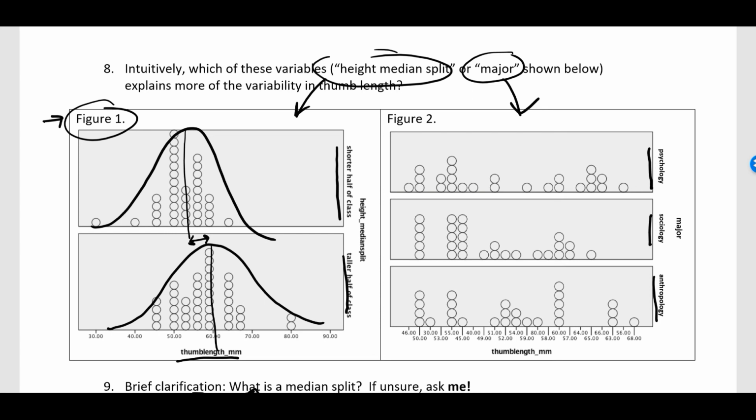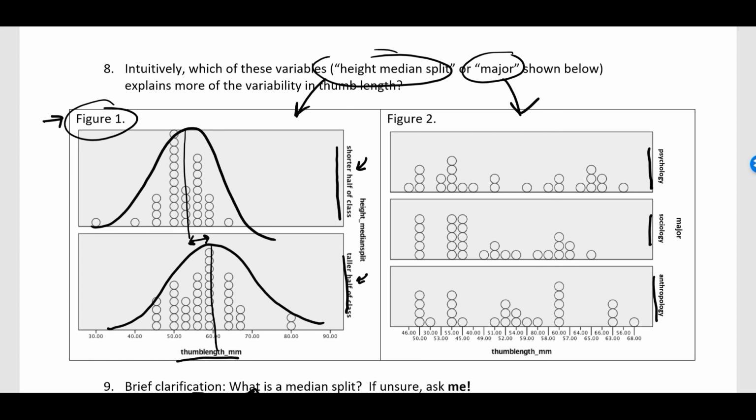So is that going to help me refine my guess if I know the person's in the short half or in the tall half? Yeah. If I know they're shorter, then I might move my guess down a little bit. If I know they're in the taller half, I might move my guess up a little bit.